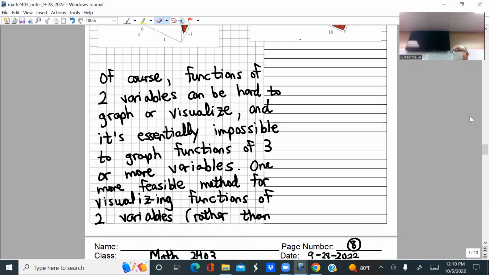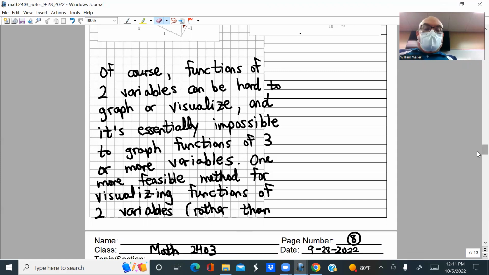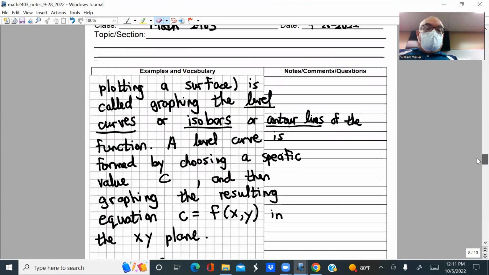So let me show you a way that makes it a little bit easier sometimes to visualize what a graph of a function of two variables looks like without trying to construct that three-dimensional surface. What we use is an idea called a contour map, and let me show you how a contour map works.